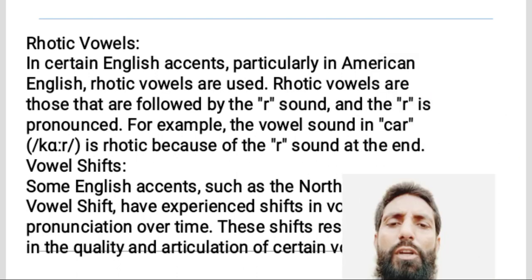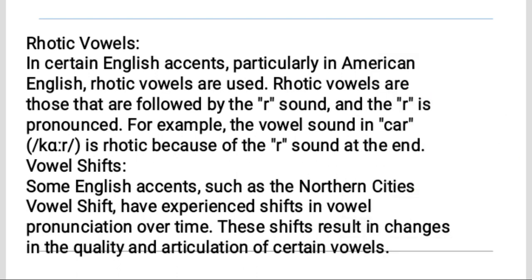Rhotic vowels. In certain English accents, particularly in American English, rhotic vowels are used. Rhotic vowels are those that are followed by an R sound, and the R is pronounced. For example, the vowel sound in car is rhotic because of the R sound at the end. So you should understand that if there is an R at the end of the word, the R will produce a sound like a vowel.